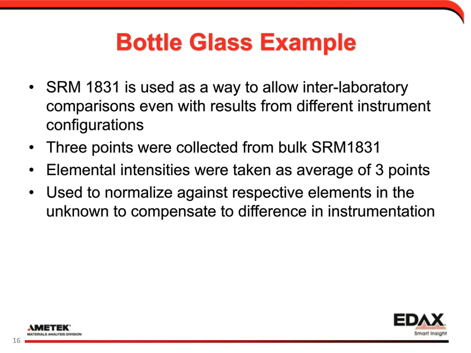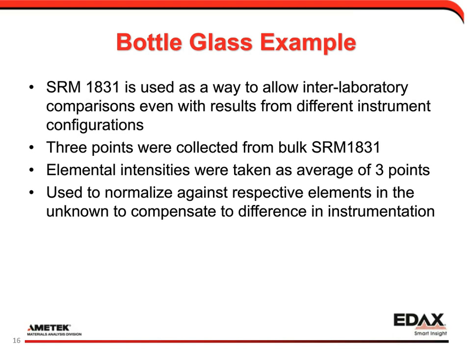Even if you have 2 Orbises at 2 different labs, they could have 2 different hardware configurations. And in those instances, you cannot make a direct comparison of the quantitative data, because even the configuration will affect the X-ray intensities. So to get some normalization, the SRM 1831 is used.